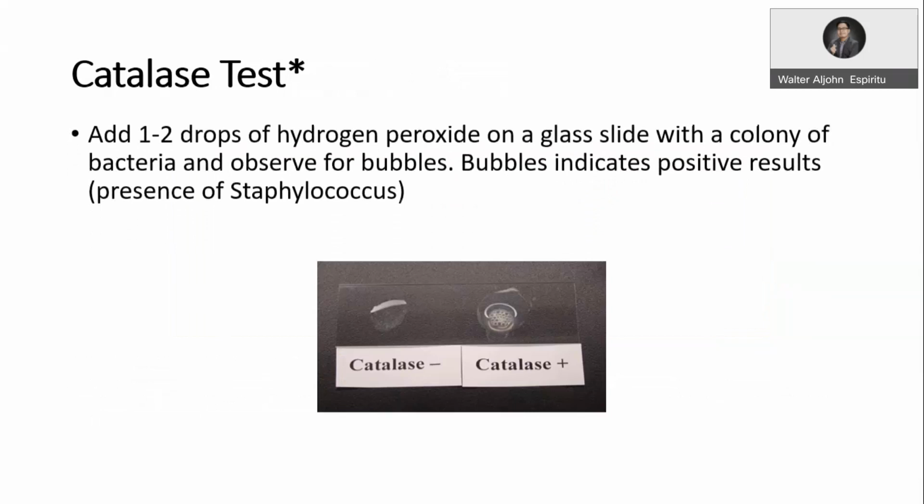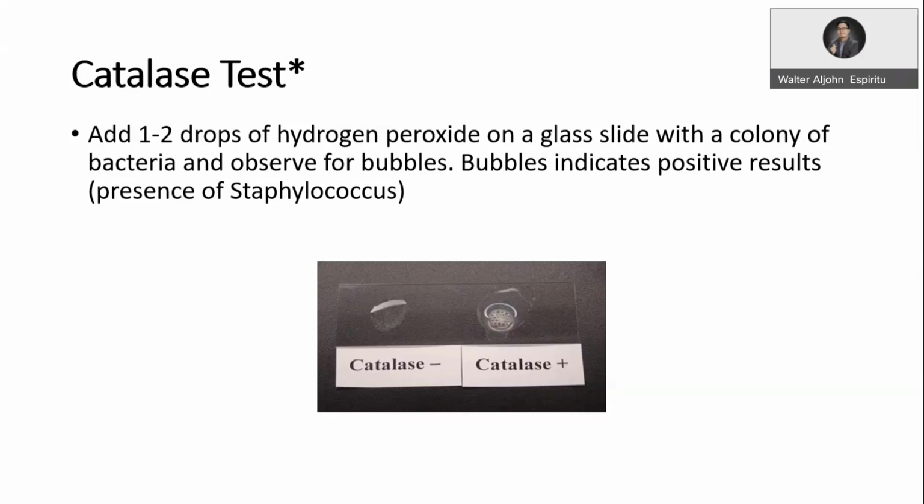Next is the catalase test. You will be testing for the presence of the catalase enzyme in the bacteria. Catalase is able to catalyze the breakdown of the harmful hydrogen peroxide into water and oxygen. Here you will add 1 to 2 drops of hydrogen peroxide to a glass slide with a colony of bacteria and observe for bubble formation.